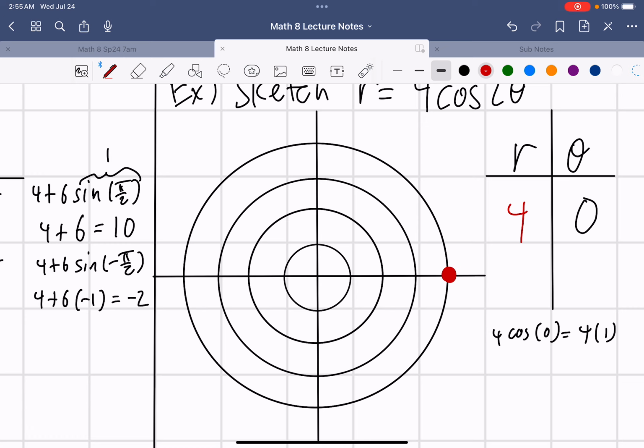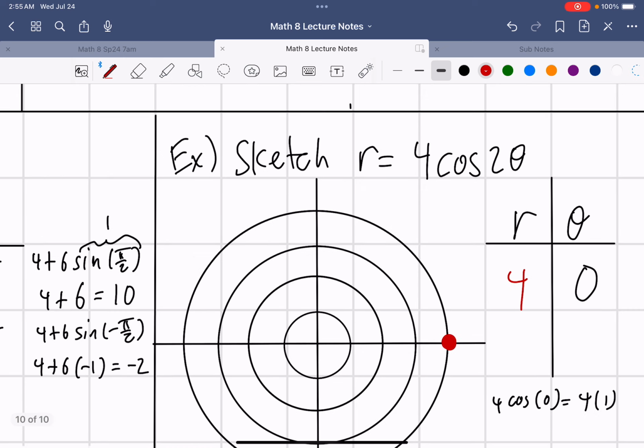But remember, what this coefficient always does to your trig function is scale it, so you know how large or how small it's going to be. Because it's 4, I know exactly that the tip of the largest petal can only be 4. And that's what we got on this graph.